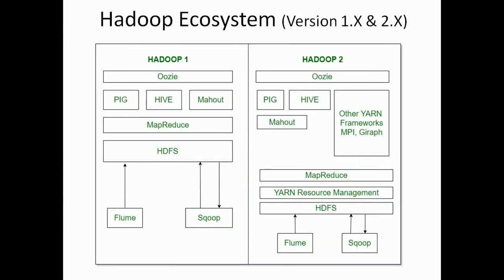In Hadoop 1 there are only 2 main components: HDFS and MapReduce. HDFS is used to store huge data on a cluster or on nodes. MapReduce is used to process this data residing in a cluster.